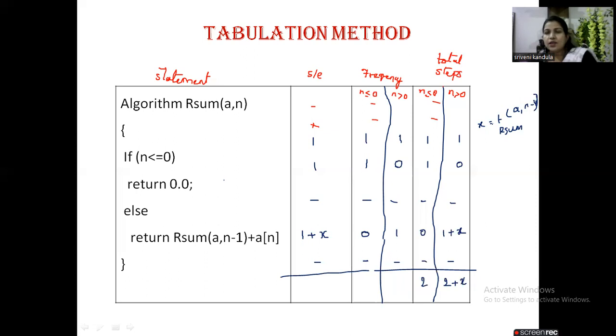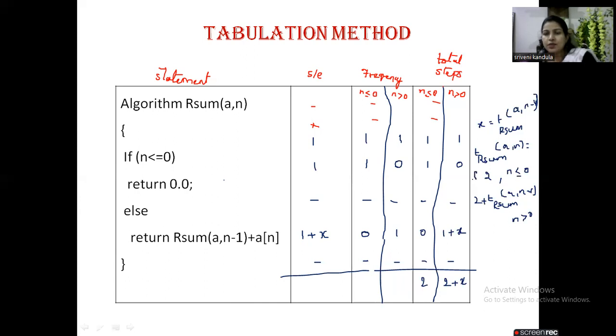So now once again a recurrence relation is formed if you observe. That is t r sum of a comma n is equal to 2 whenever your n value is less than or equals to 0, or it is 2 plus t r sum of a comma n minus 1 whenever your n value is greater than 0.